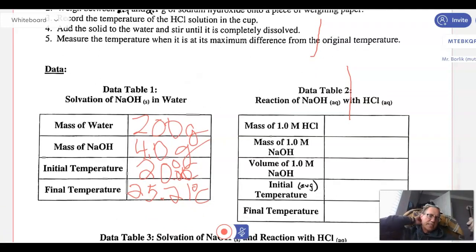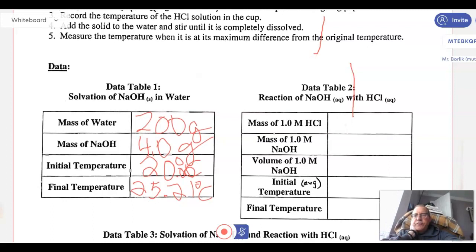All right, so mass of 1 molar of HCl. Well, we got 50 mils of it. Again, it's a solution, it's water, so we're going to assume that we got 50 grams of it. Mass of 1 molar sodium hydroxide, 50.